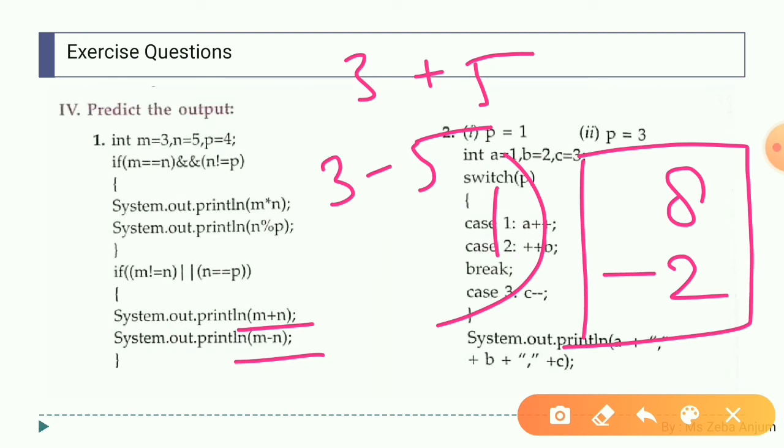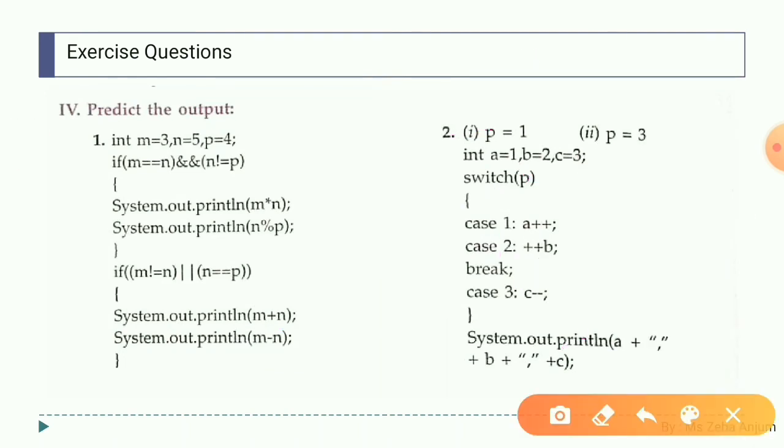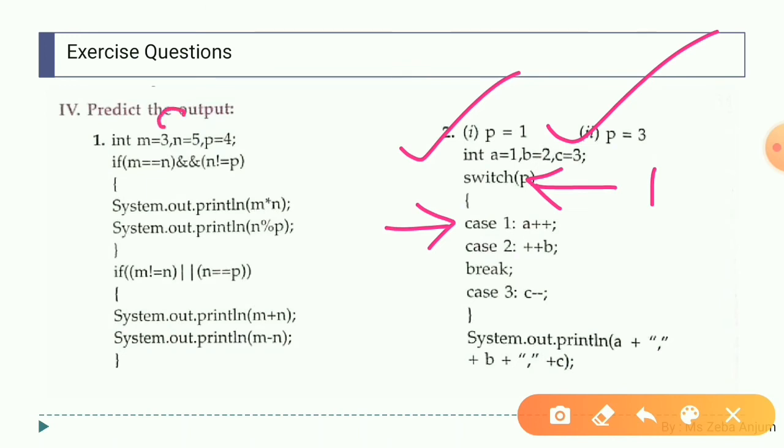Okay, now see the second question. In the second question we are actually having two portions. So firstly see when p equals 1, so switch p says case 1. So case 1 will be evaluated at the very first. We are having the values a equals 1, b equals 2 and c equals 3 at the very initial level.